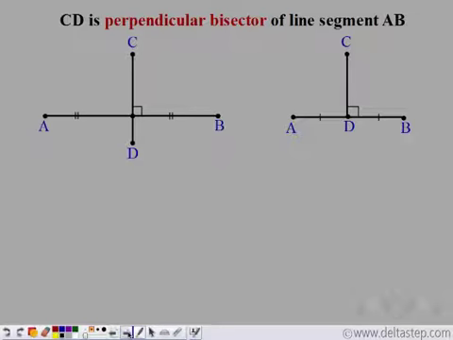In this case, D does not lie on AB, but in this case, D lies on AB. So D is the midpoint of AB. So in this case, D itself is the midpoint of AB. So there are two cases when CD is the perpendicular bisector of AB.